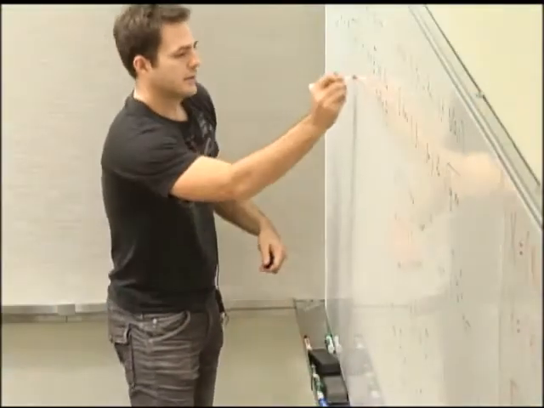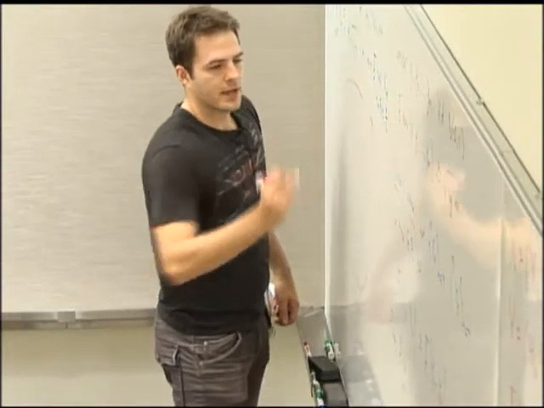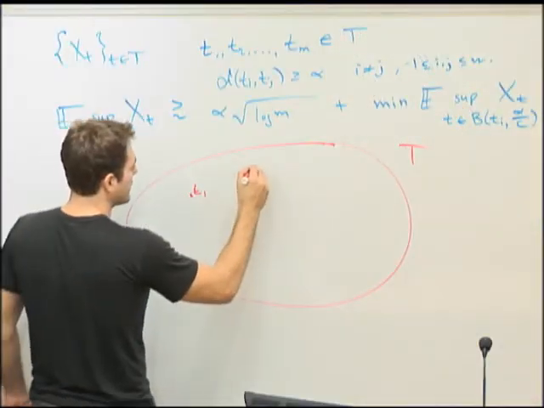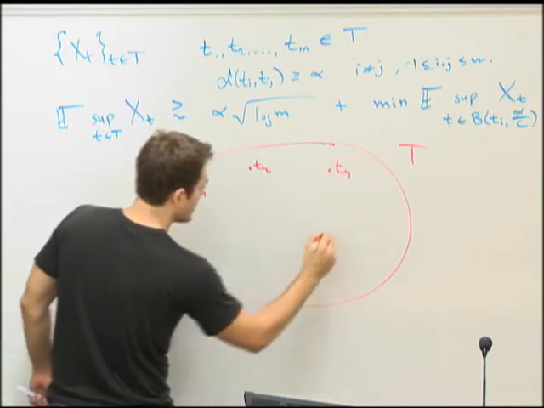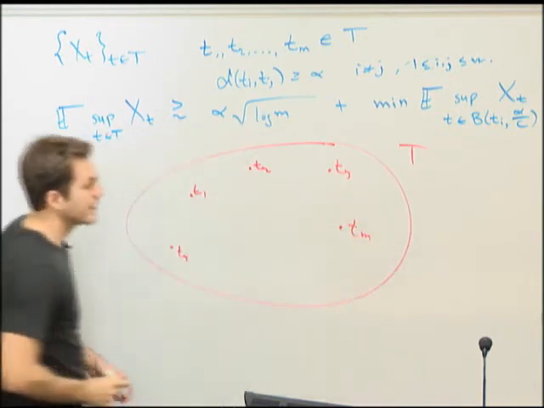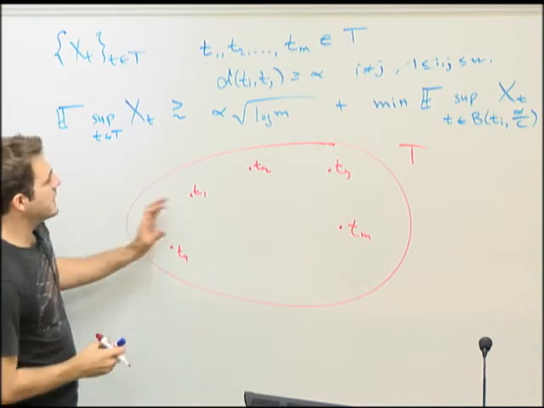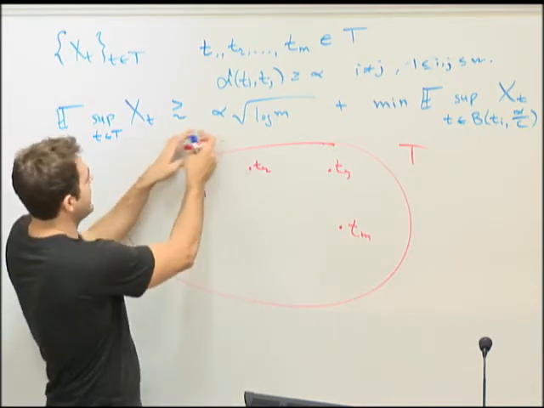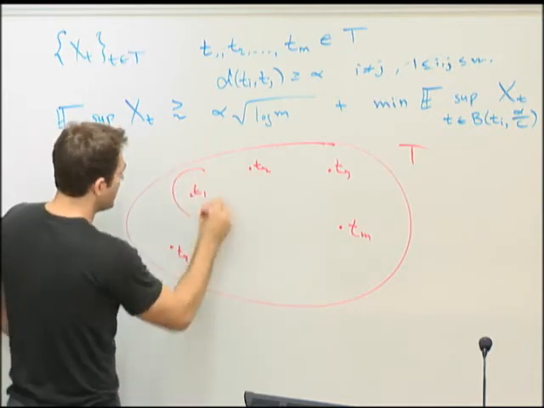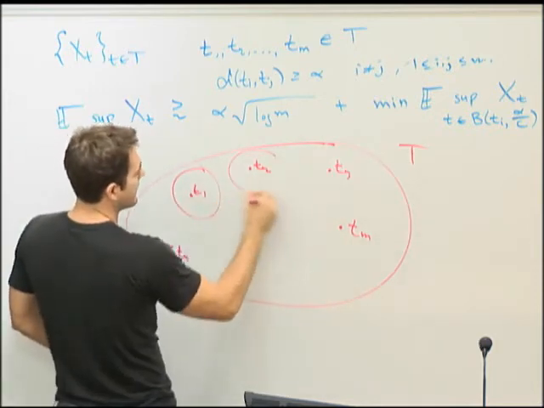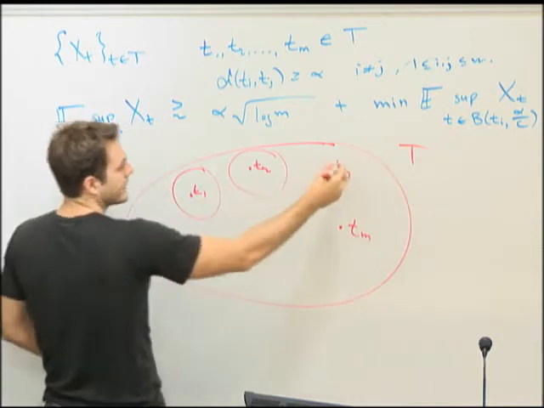We have T, and we have all these points t1, t2, t3, t4, and so on that are separated. Since there are so many of them and they're all at least alpha apart, the expected supremum is going to be at least this much. But now we'd also like to put these small balls, these balls of radius alpha over c. C is some constant I haven't specified yet.